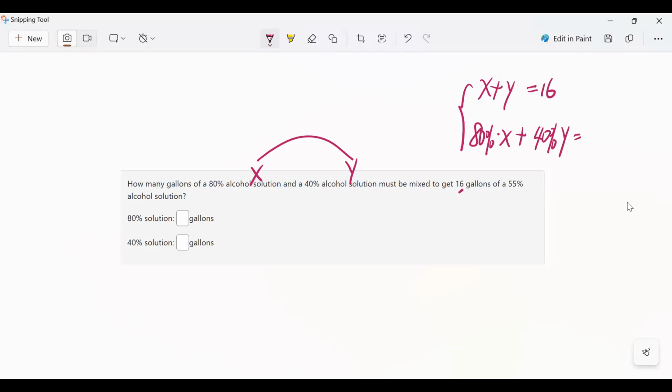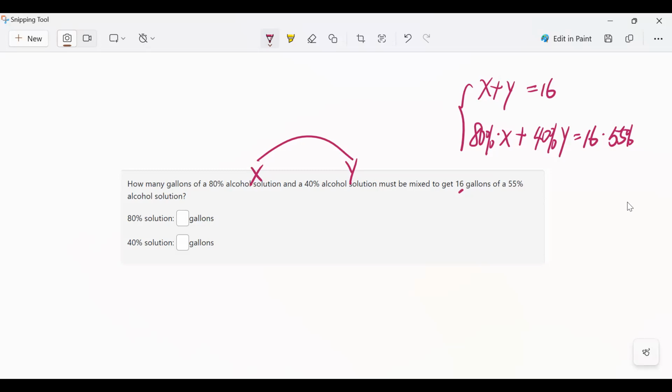And then the total alcohol should be 16 gallons times 55%. Yeah, because it's 16 gallons of 55% alcohol solution. So we multiply 16 times 0.55. I think it's 8.8, right?